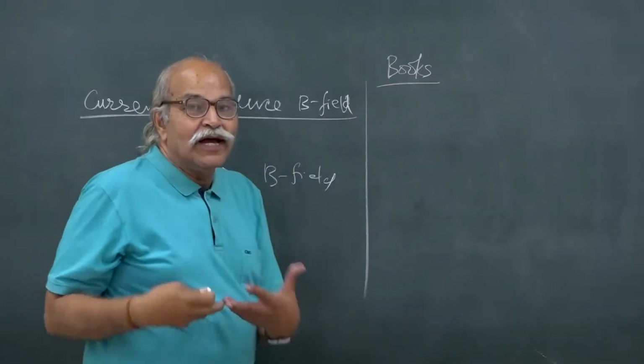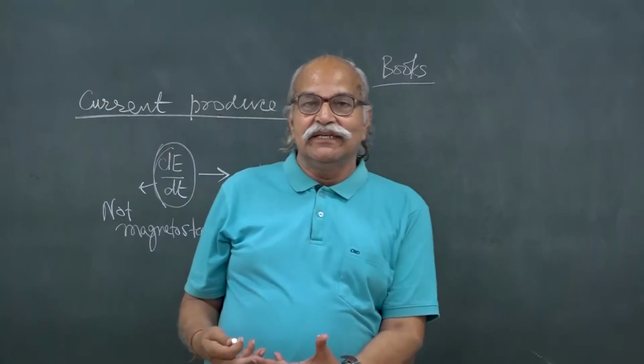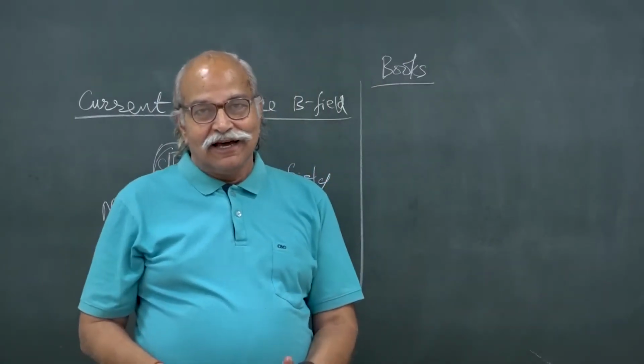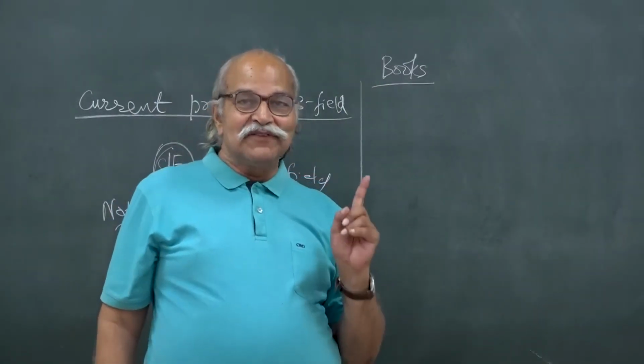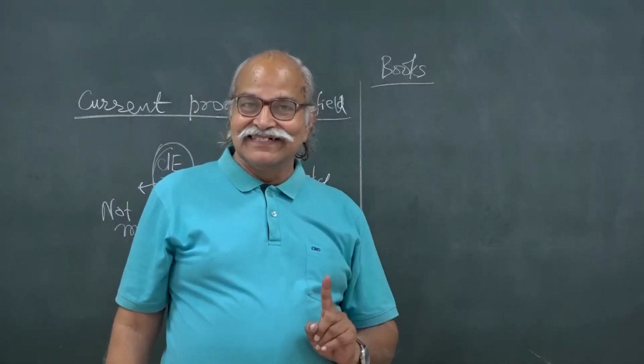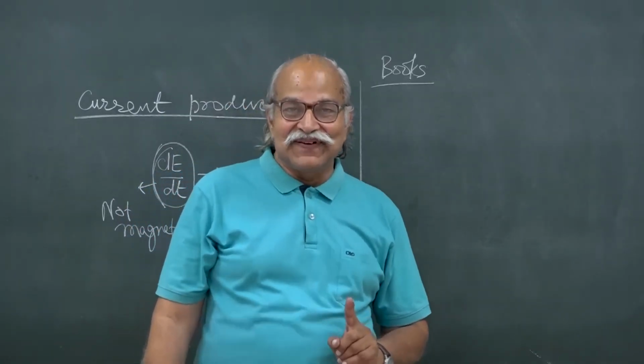Now, last for today's lecture, books. No matter how I teach and how I speak and how I demonstrate, ultimately you have to go home and revise the things and read the books, and therefore books are very important.